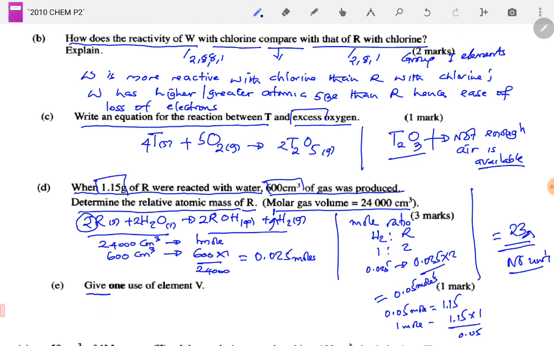Now give one use of element V. Element V is 288. It is used in fluorescent bulbs to provide an inert environment.